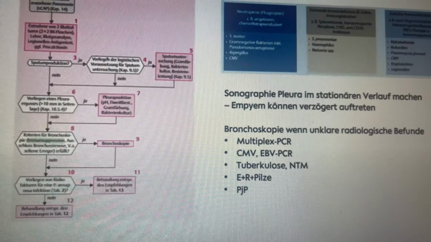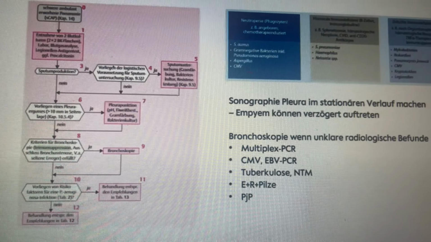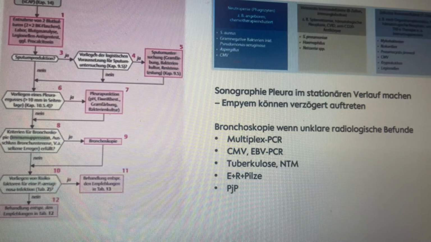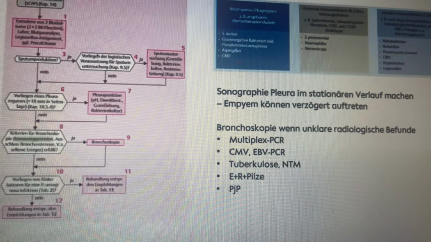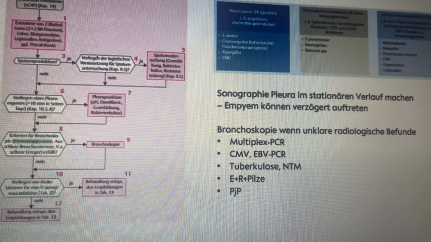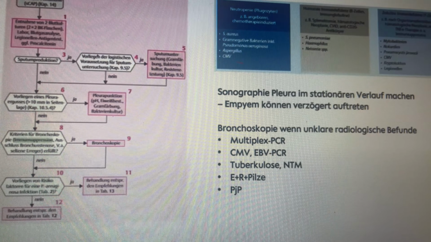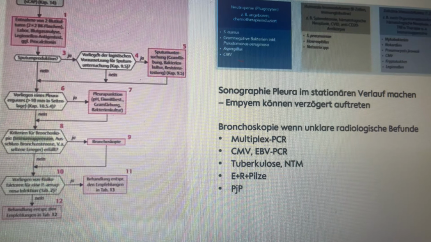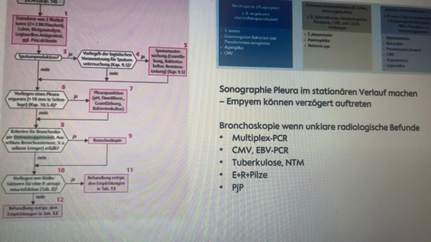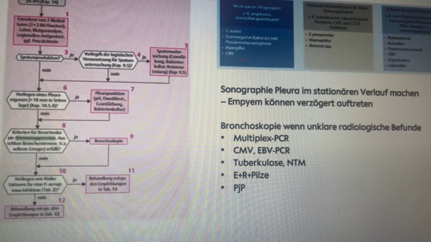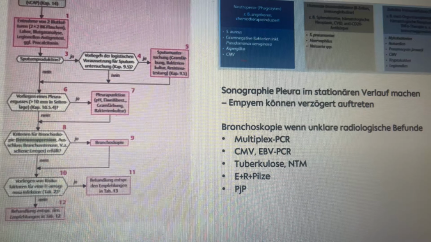And based on the clinical condition, radiological imaging like CT scan, it is also recommended to do the bronchoscopy and take the BAL lavage and look for the pathogens through PCRs, for CMV, EBV, tuberculosis, Pneumocystis jirovecii, and so on.